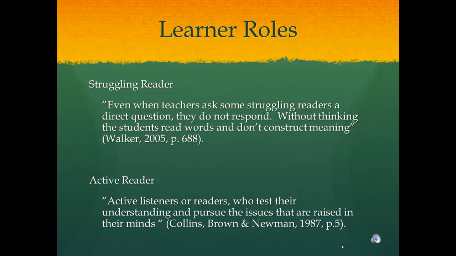Active readers or learners, on the other hand, test their understanding and make connections to the topics at hand. They please teachers, but they are not teacher pleasers per se.